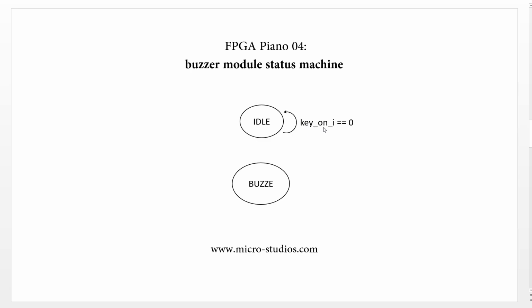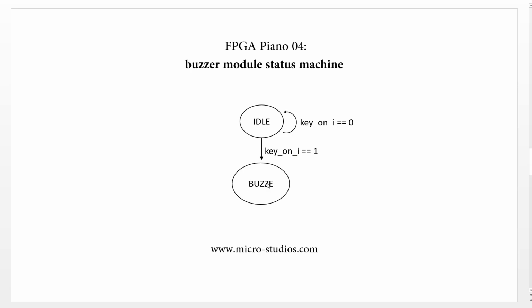If the key on signal equals 1, it means some key was pressed, so we go into the buzzer state.